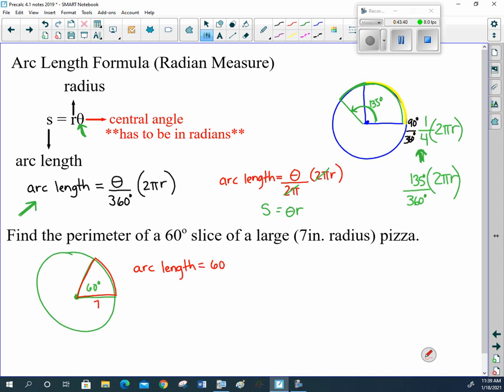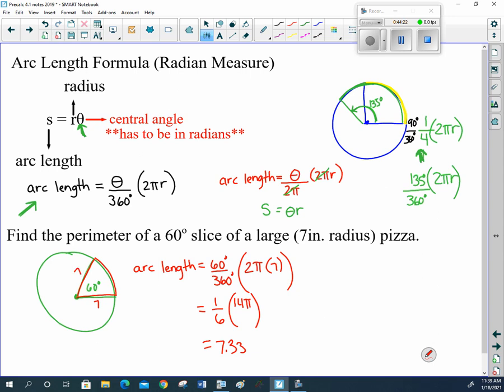So I'm going to say that's 60 over 360 times 2 pi, and what's my radius? 7, 2 pi r. Okay, so this turns out to be 1/6 times 14 pi. Let's go ahead and figure that out as a decimal. 14 pi divided by 6 is about 7.33, and that kind of makes sense to me because 60, 60, 60 would be equilateral, right?